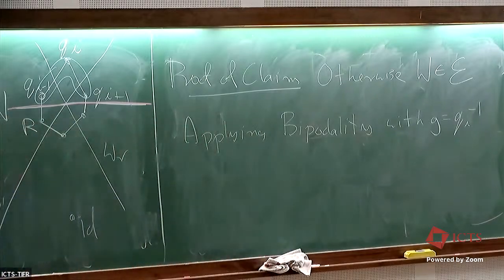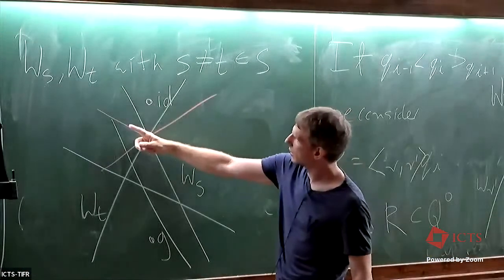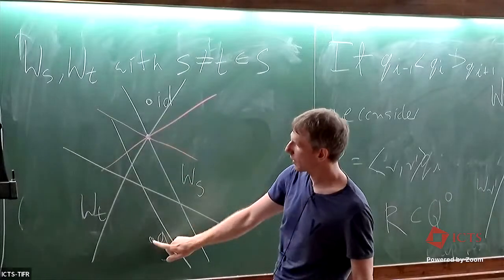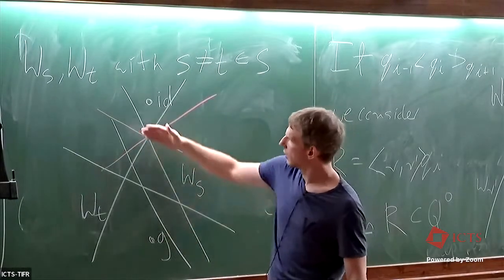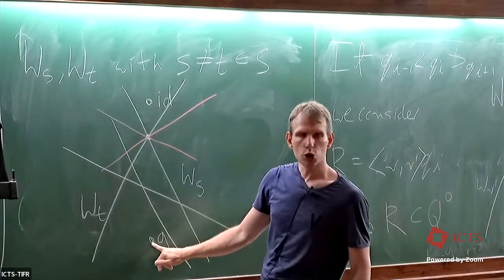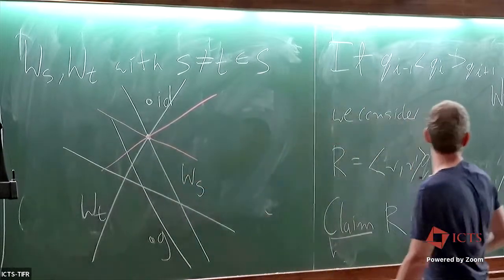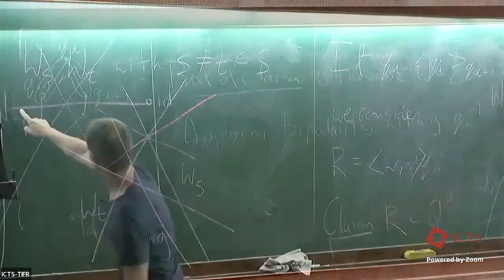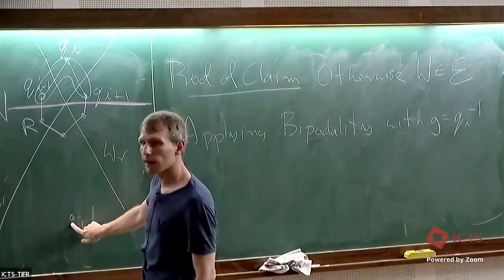What do we get? The conclusion of bipodality told us that the red wall is not an elementary wall with respect to this point, that there is a wall separating it from this vertex. So the conclusion of bipodality fails in our situation, because in our situation, this one is an elementary wall.